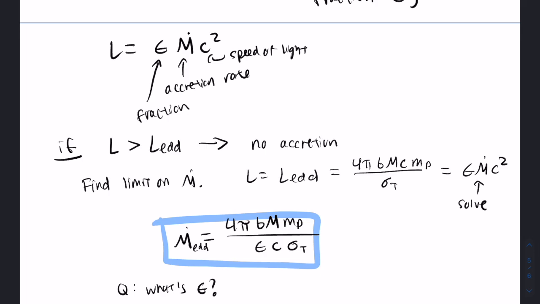More typically, values of around 0.01 to 0.1 are more typical for accretion disks, because usually accretion flows are not truly going to be spherically symmetric. If you take high energy, then you'll learn a little bit about black hole accretion.